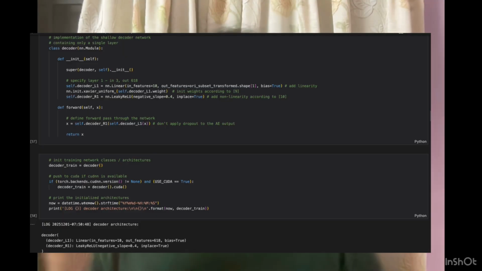The activation function is the same nn.LeakyReLU that we used in the encoder, just to keep it symmetrical, and the weight initialization is again xavier_uniform. Our training objective is to optimize our loss function.